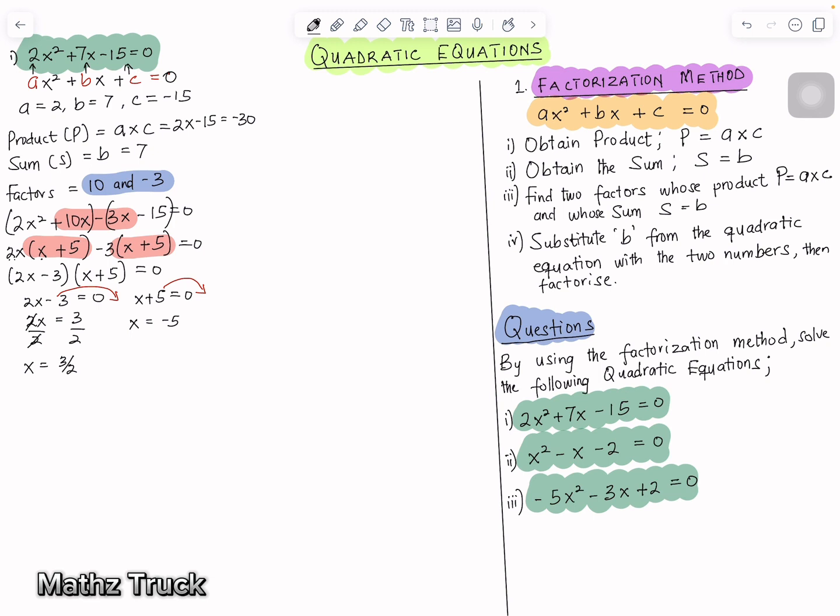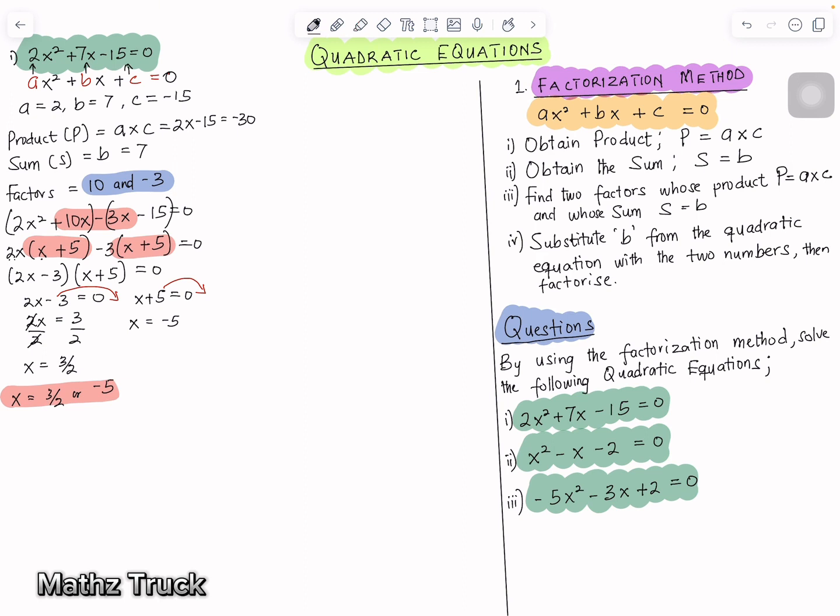So we have the values of x to be either 3 over 2 or negative 5. So that is the answer that you'll be expecting to have. That is the first question. Now let's move to the second question then.